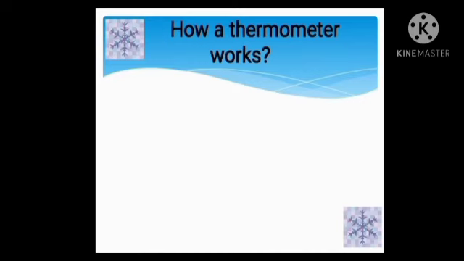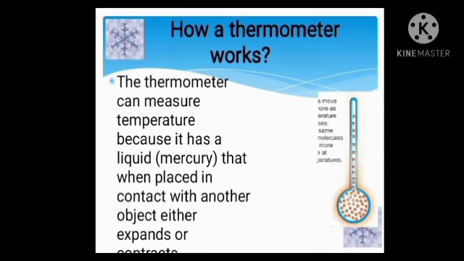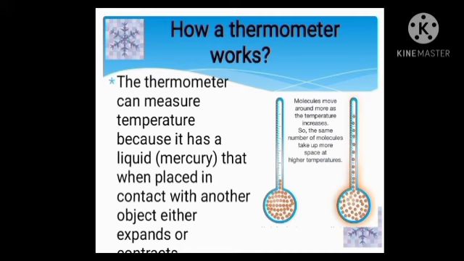How does a thermometer work? So paano ba gumagana ang thermometer? Paano ba siya ginagamit? The thermometer can measure temperature because it has a liquid called mercury that when placed in contact with another object either expands or contracts. Itong thermometer na may mercury, ito yung ginagamit sa laboratory.